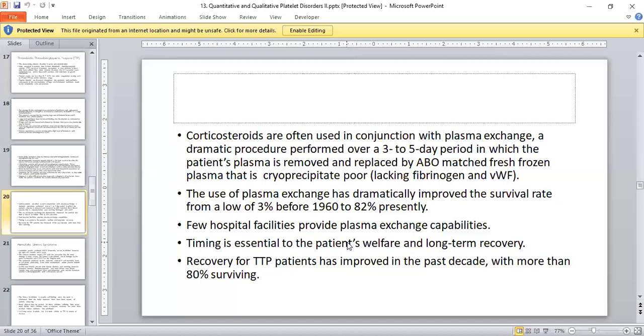The corticosteroids, as we know, will reduce the body's immune response, meaning fewer platelets will be destroyed. Then plasma exchange is used to introduce new components that are of normal nature.